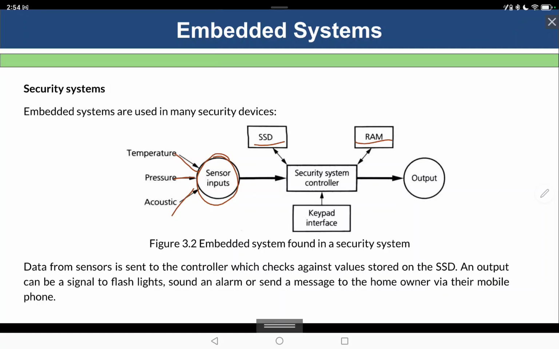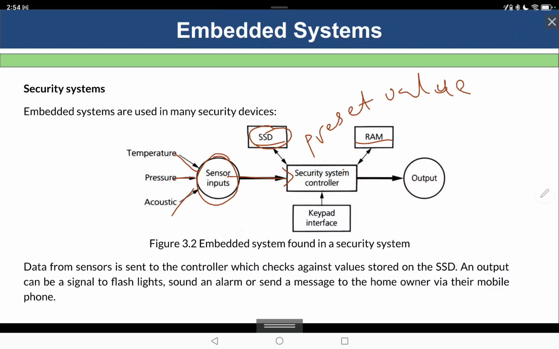So data from the sensor is sent to the microcontroller, and then the microcontroller checks this data against the preset value stored in the SSD.